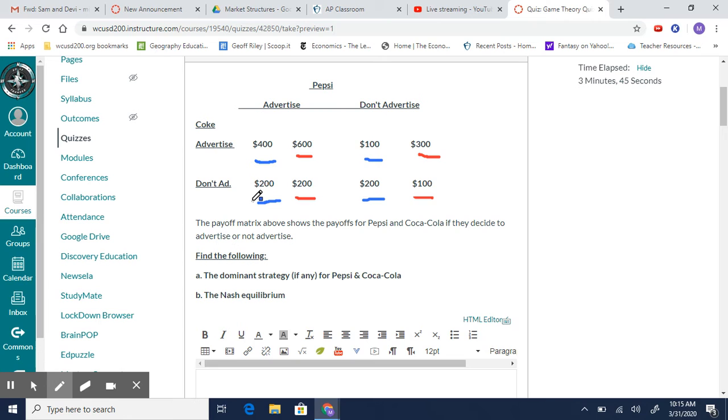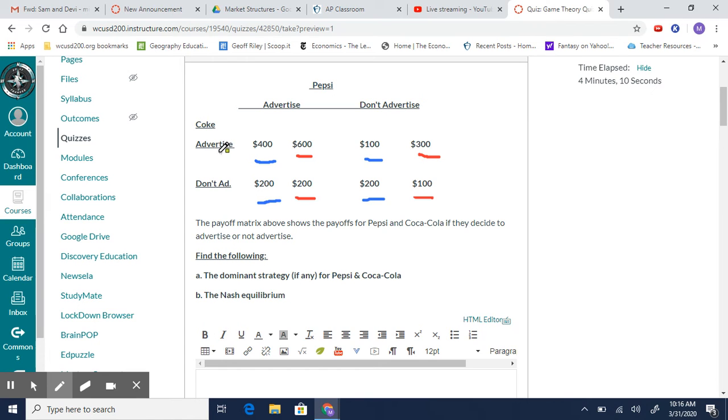The choices for Coca-Cola are in blue. The choices for Pepsi are in red. The choices for the firm on top always are the ones on the right. The choices for the firm on the left are always on the left. I'm going to try and switch to a different color here. Okay, so let's start with the choices that Pepsi can make.